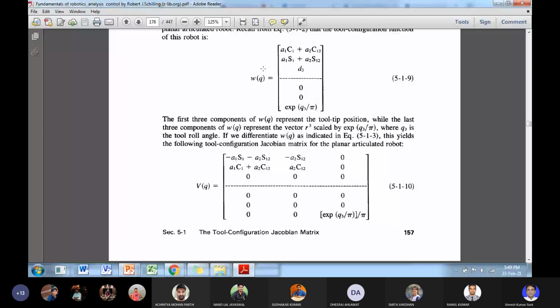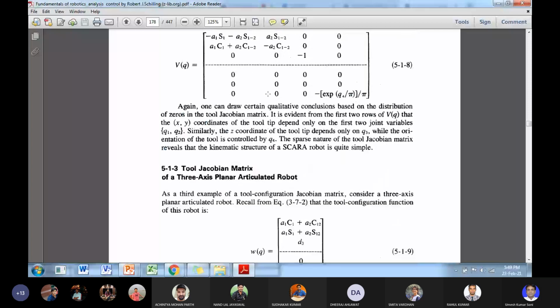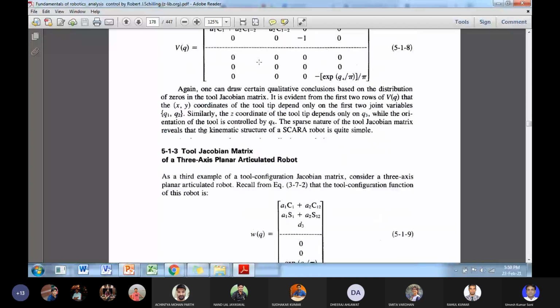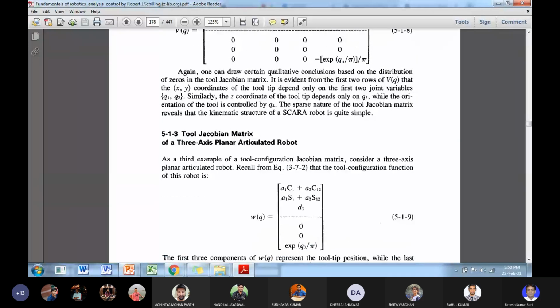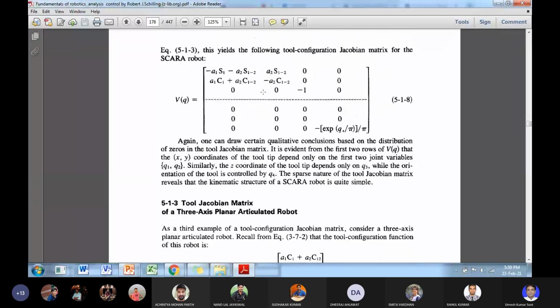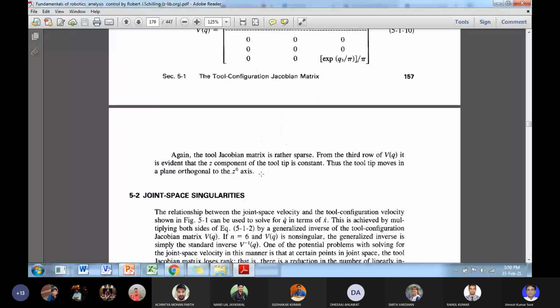So always the tool configuration vector will have 6 elements in a column, and n number of elements in the row, and n is the last tool roll angle, meaning the nth angle. Suppose here q4 is the tool roll angle, so this will have a total of 4 elements in a row. Okay, 1 2 3 and 4. So in this way you have studied the tool configuration Jacobian matrices for some examples.